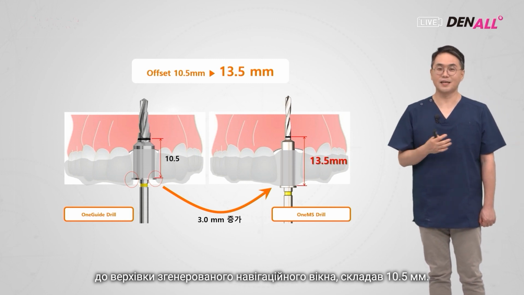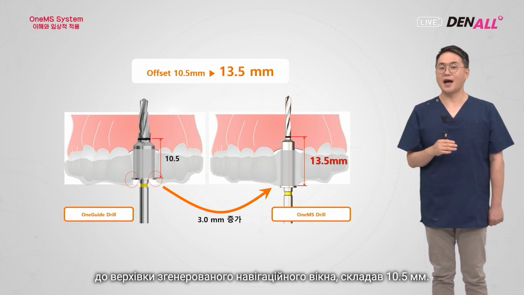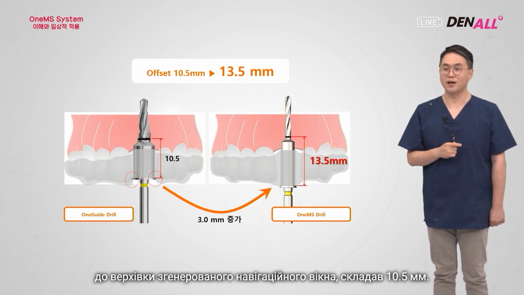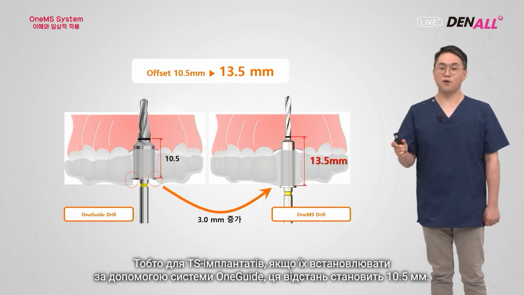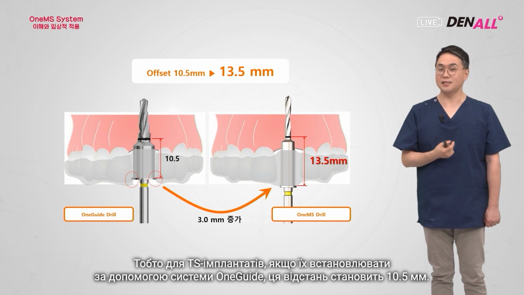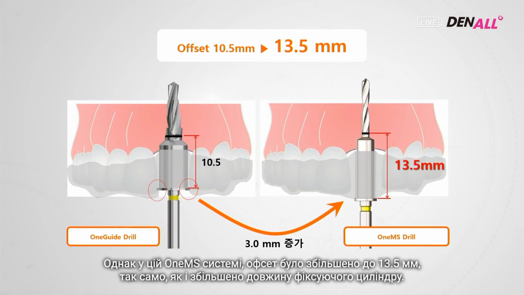Offset is the distance from the top of the implant to the top of the generated guided hole. So for the TS implant, if you place it with the One Guide system, the distance is 10.5. But with this 1MS system, it's extended to 13.5, and the guide barrel length has also been extended.